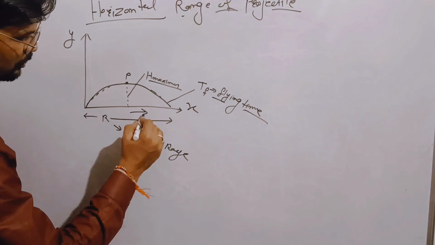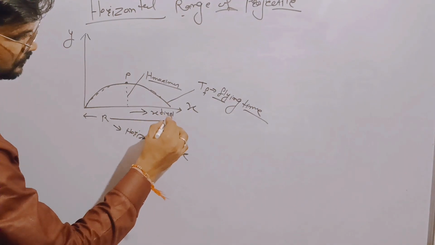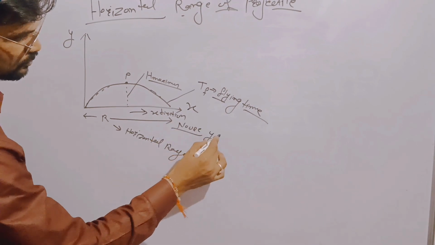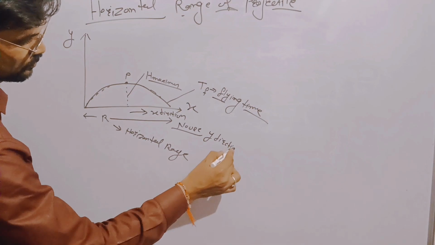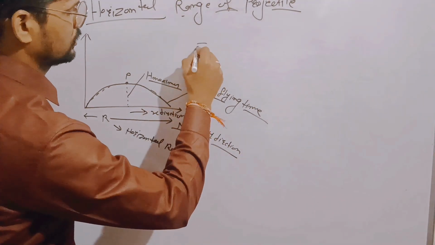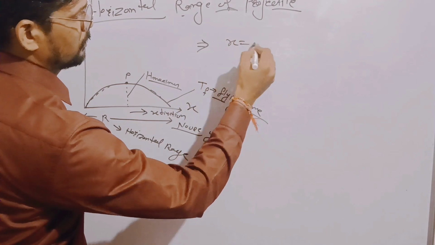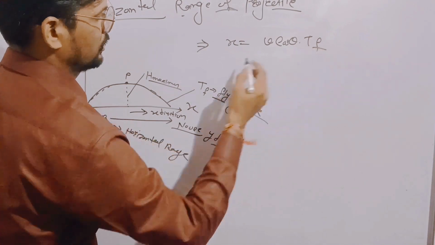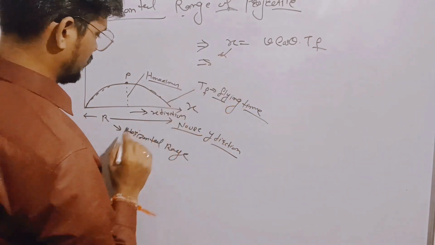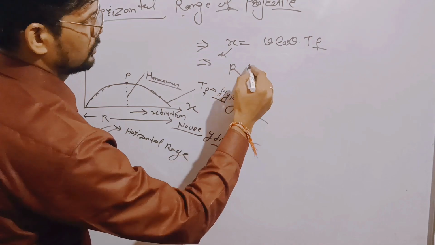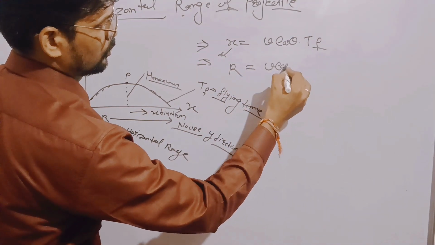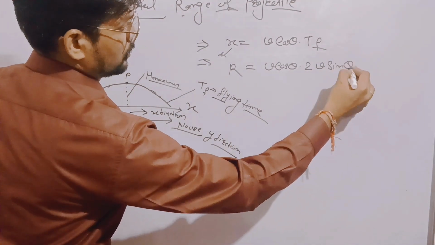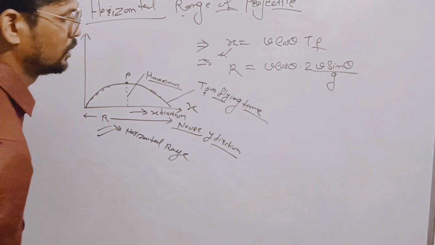So range is denoted in the x direction, not the y direction. So x is equal to v cos theta into tf. x is denoted by R for the range. So range is equal to v cos theta into 2v sin theta upon g, because tf is equal to 2v sin theta upon g.